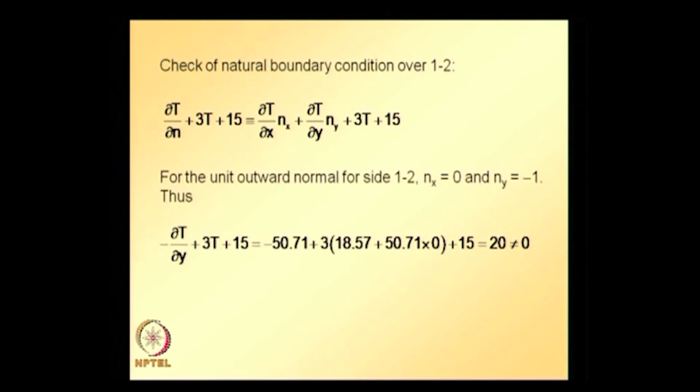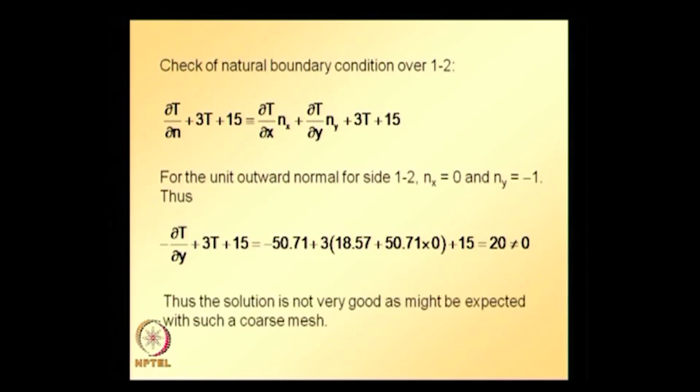And now plugging in the T value and the derivative of T value, we can see that the equation is not satisfied exactly. So, we can conclude that the solution is not very good, and this is expected since we used only 4 linear elements.